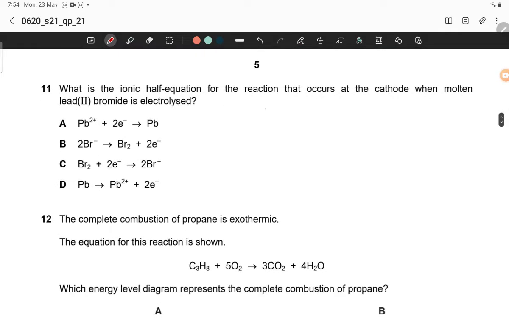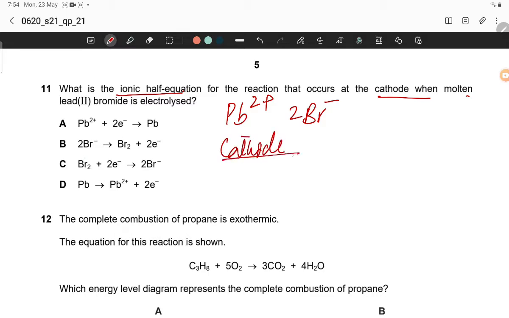What is the ionic half equation for the reaction that occurs at the cathode when molten lead bromide is electrolyzed? The ionic half equation at the cathode: molten lead bromide has Pb2 positive and 2Br negative. So at the cathode, Pb2 positive plus 2 electrons forms Pb.